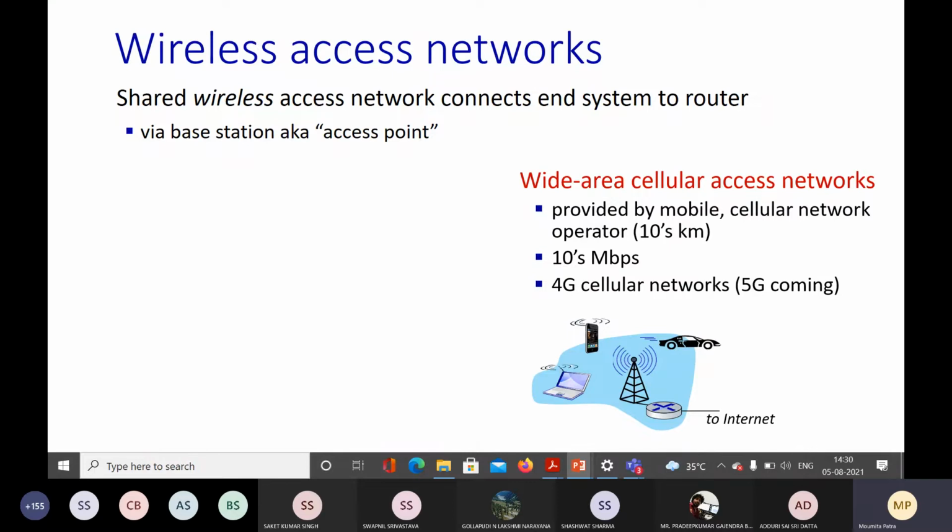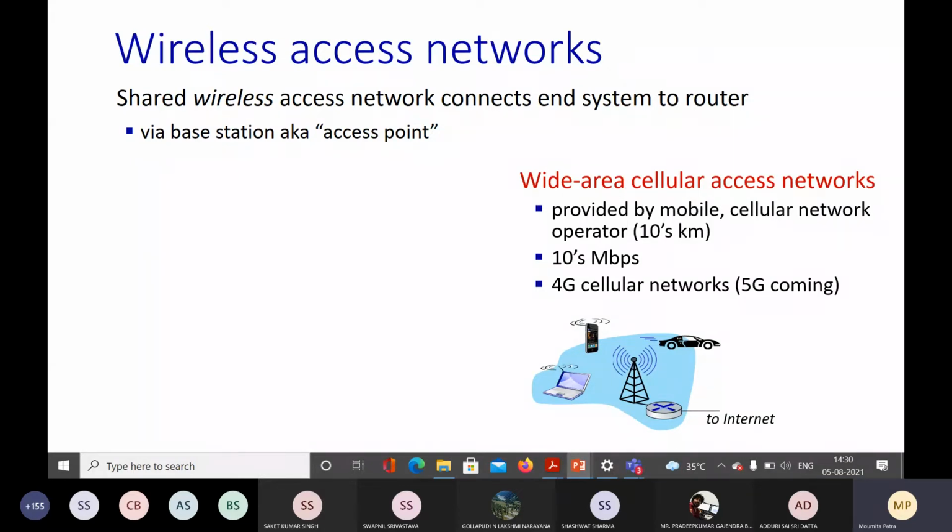Okay, and what is the transmission range of this communication? If there's a base station here, the range that it would provide is around 10 kilometers. Within a 10-kilometer radius, whatever cellular device is there will be supported by this particular base station. It provides around 10s of Mbps of data rate.